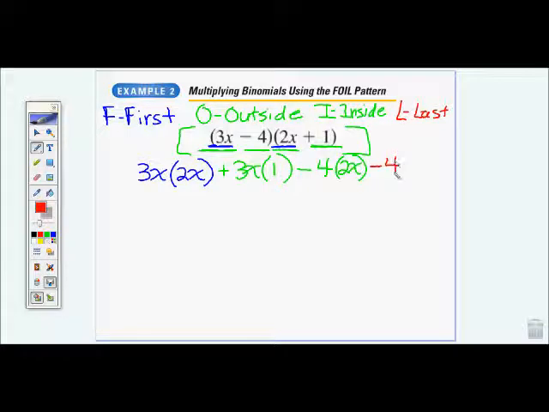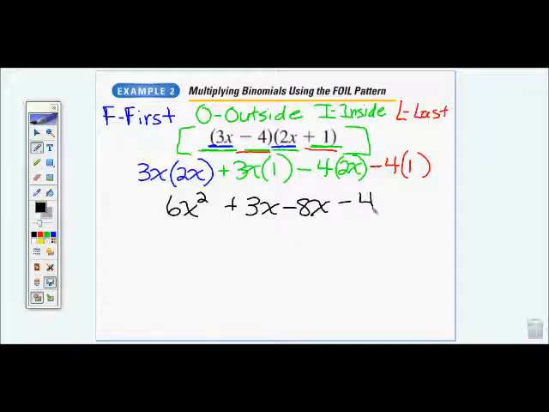Negative 4 is my last term here in this first binomial, and positive 1 is in my second binomial. Now I need to multiply out and also to simplify. So 3x times 2x is going to give me my 6x squared. 3x times 1 is going to give me a positive 3x. Negative 4 times 2x is going to give me a negative 8x. And then negative 4 times 1 gives me negative 4.